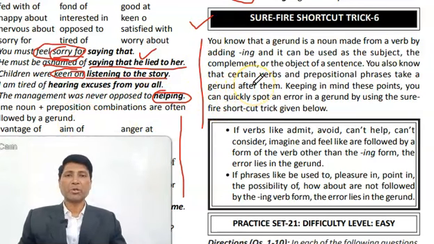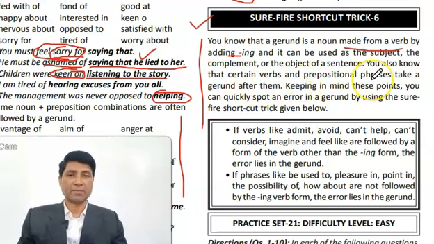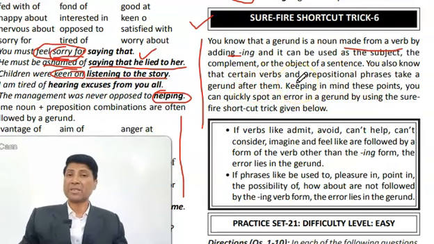You know that a gerund is a noun made from a verb. We have already discussed at the beginning of the chapter, formed by adding ing, and it can be used as a subject, the complement, or the object of a sentence. You also know that certain verbs and prepositional phrases that we have discussed take a gerund after them.